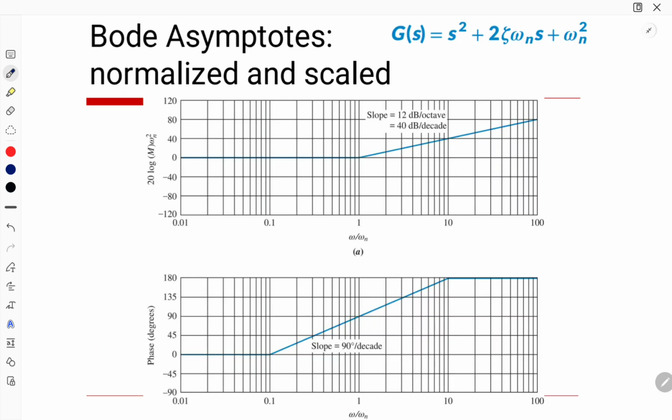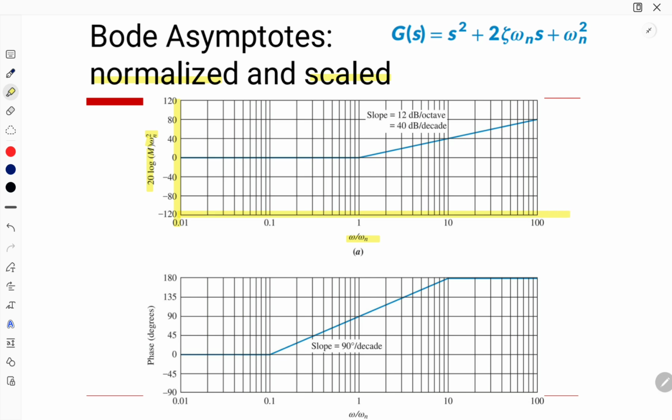So let's start with the Bode asymptote, normalized and scaled. Normalized and scaled, you notice the omega over omega n, and the 20 log M over omega n squared. So that is your magnitude in dB, and this is your frequency in scale.